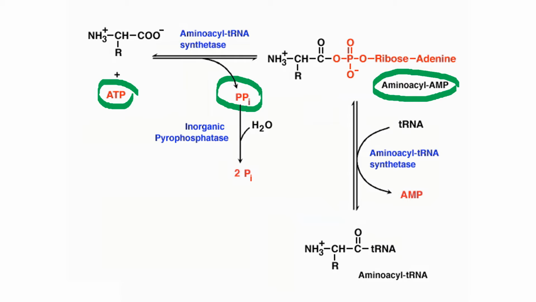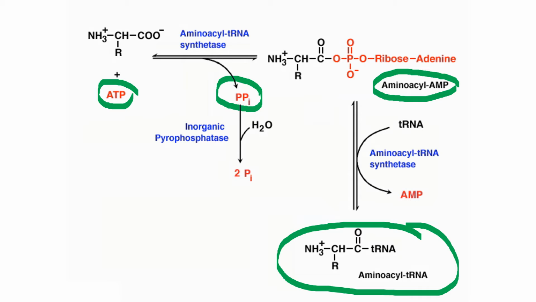And sorry, I didn't point out the enzyme, aminoacyl-tRNA synthetase, and here it again is charging that tRNA with that amino acid. So here is the tRNA that is now carrying that amino acid to be incorporated into a growing peptide chain.